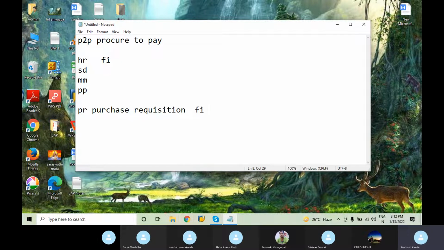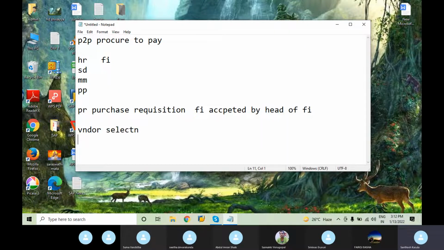Once it is accepted by the head of the finance department, the head of FI, then vendor searching and vendor selection will be started.